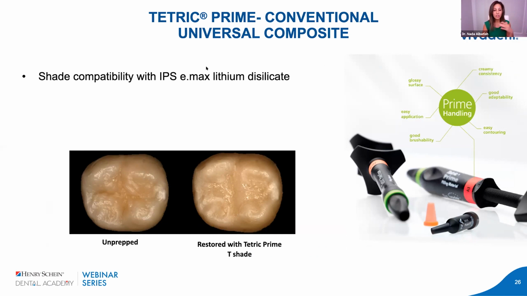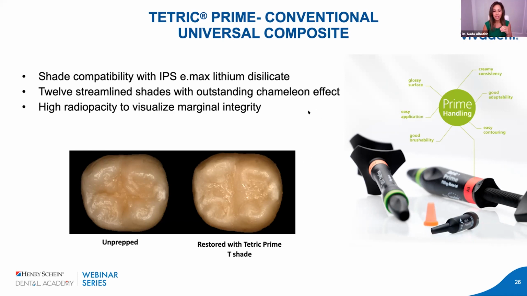Maybe you're not ready to dive into bulk fills, or maybe you have a particular situation like you want to match to an Emax crown. This material is incredible. Tetric Prime actually has shade compatibility specifically with Emax, which is one of the most commonly used ceramics on the market today. So that's one excellent thing about it.